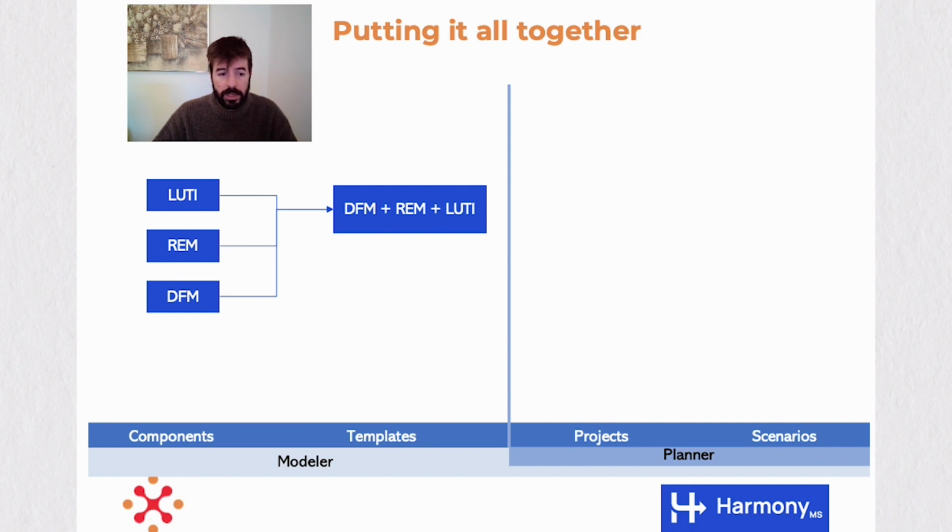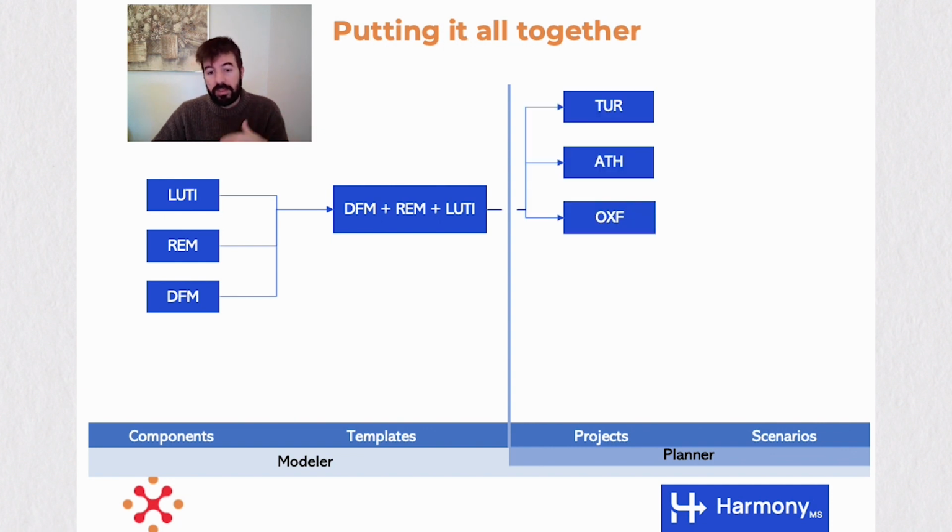We will see later, into templates. Here we combine all 3 of them into a single template that first runs the DFM model, then runs a regional economy model or REM model, and finally runs the LUTI model. And once you do that, you have a modeling template, and then you can instantiate it, as we saw, in different cases by providing different input data.